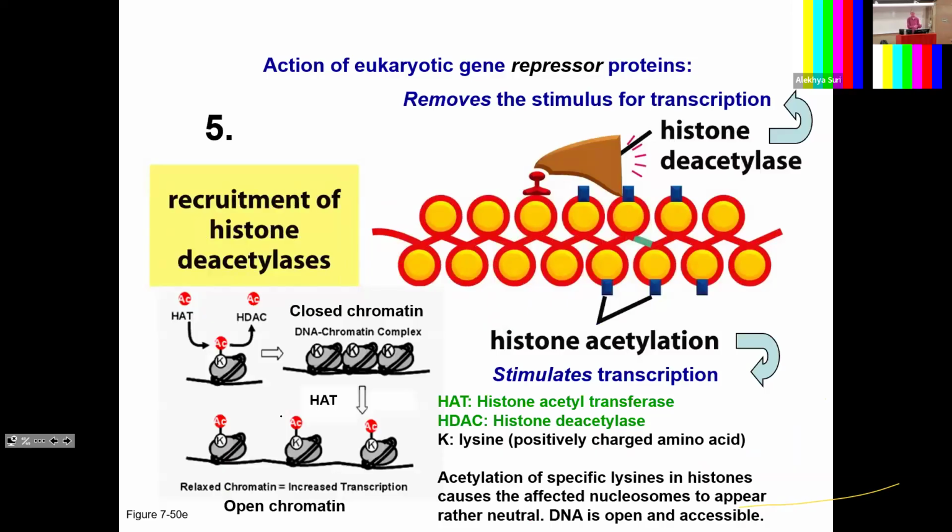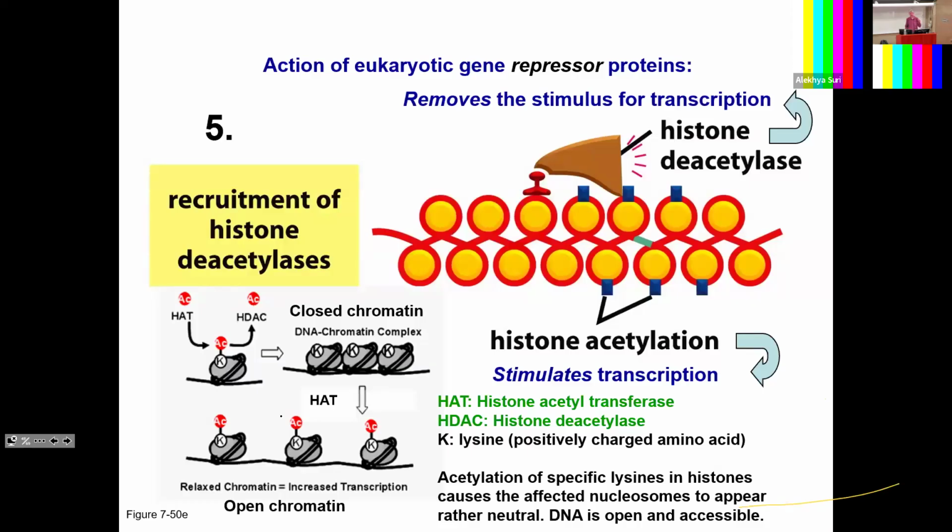Another way, which goes along with the chromatin remodeling complexes, is to add or remove certain groups to the histones. For example, histones have positively charged tails, lysine, arginine.